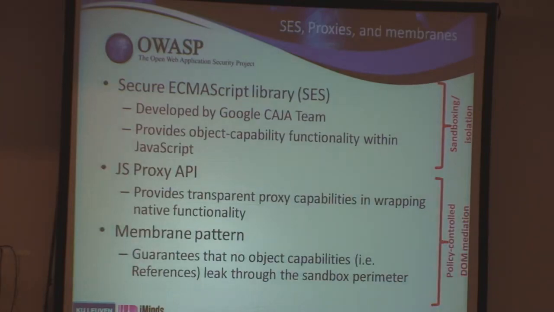And we do that by actually combining proxy APIs. And proxy APIs allow you to transparently wrap around an existing object in your JavaScript DOM tree and actually provide that towards the sandboxed environment. And secondly, we're applying the membrane pattern, and that's just actually the policy that we enforce within the proxy to make sure that we never break out of this sandboxed environment. And the combination of those three technologies with some engineering layer on top of it in order to make sure that legacy scripts can run in this environment, make sure that we can actually use JSON.